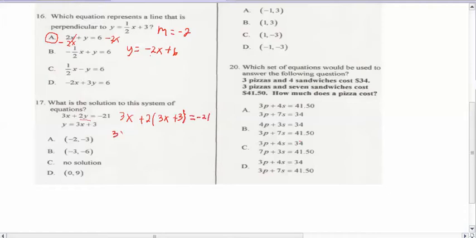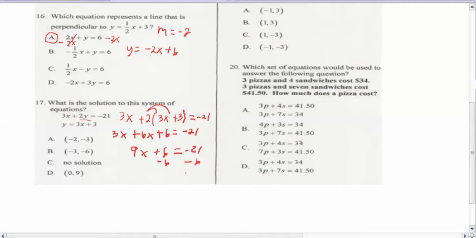Okay, so now I have 3x plus 6x plus 6 is equal to -21. I have 9x plus 6 is equal to -21.